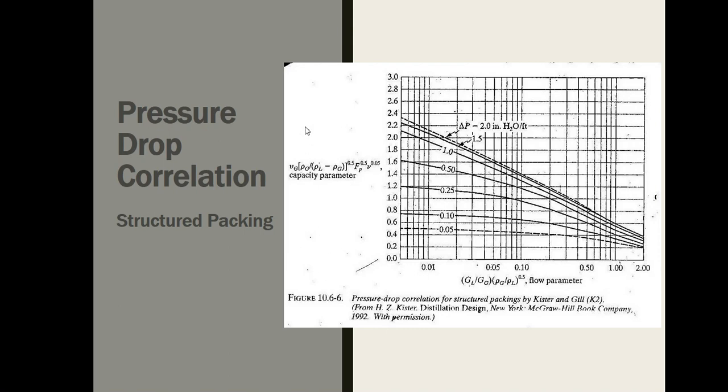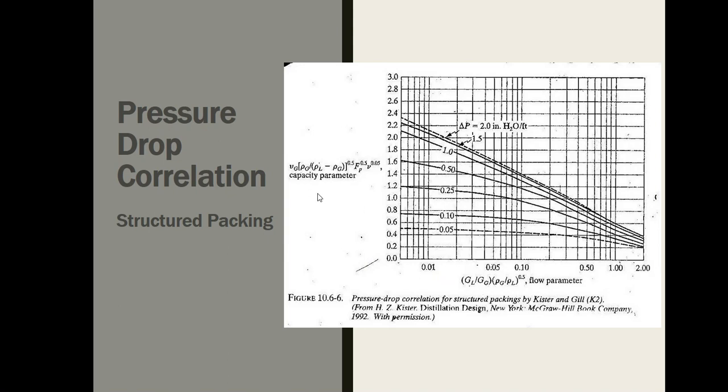Then from the vertical axis, we get the capacity parameter. When we know already the capacity parameter value from the graph using delta P and the flow parameter here, we'll be able to determine the linear velocity of the gas when the column is already flooded.